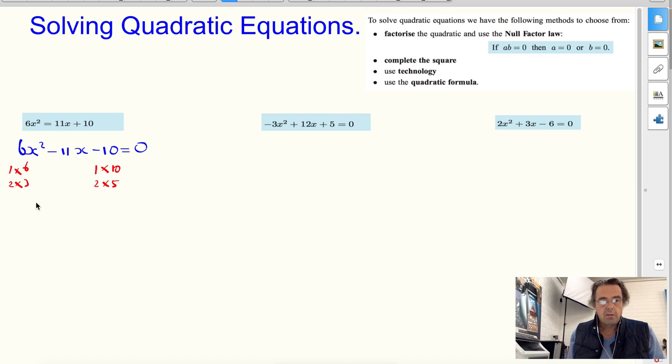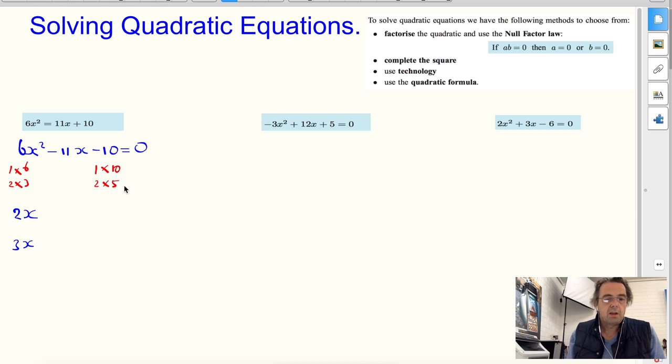Now, looking at it from experience, because I've done this a couple of times, I have a good feeling about the 2 and the 3 and the 2 and the 5 to make 11. So 6x squared, I'm going to split that up into 2x and 3x. And that's where the cross method starts, the 2x and the 3x.